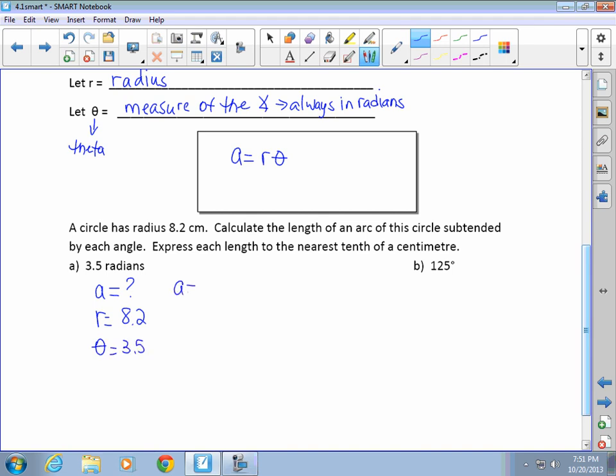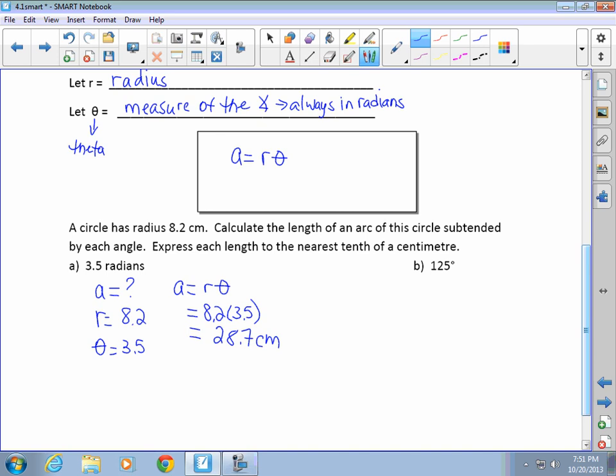So using the formula, my arc length is equal to 8.2 times 3.5, and they want this to the nearest tenth of a centimeter, so that rounds to 28.7 centimeters.